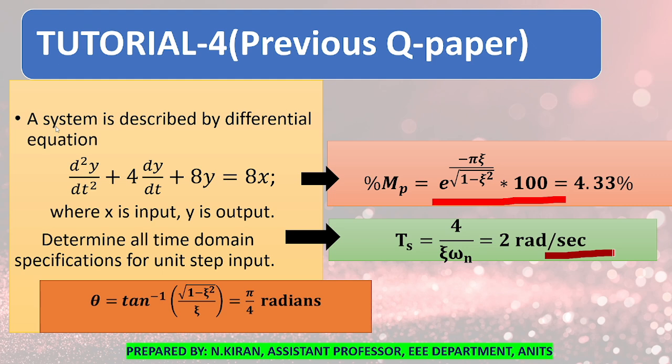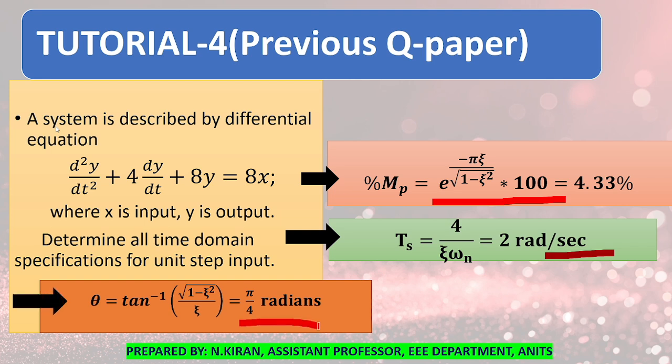Next, for calculating rise time, we first need to find the value of theta, which is tan inverse of root over 1 minus zeta square by zeta. That will give you the value in degrees, which you need to convert to radians. So upon conversion, that will give me the value as pi by 4 radians.